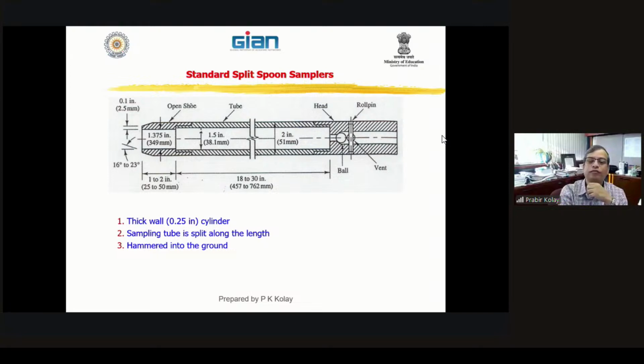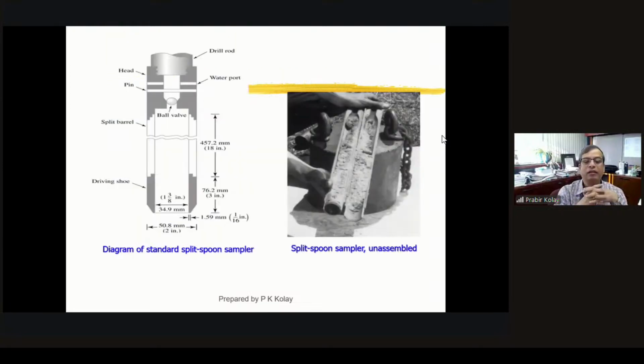Over here you see the diagram of the standard split spoon sampler, and when it is unassembled, it looks like this. These are standard sizes. Everything is there: there is a cutting shoe, and then you hammer it.